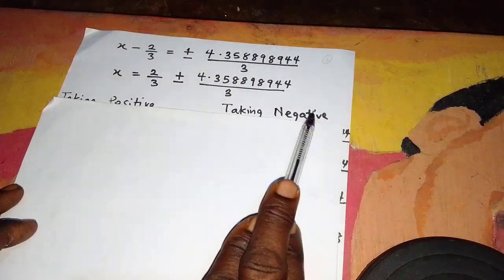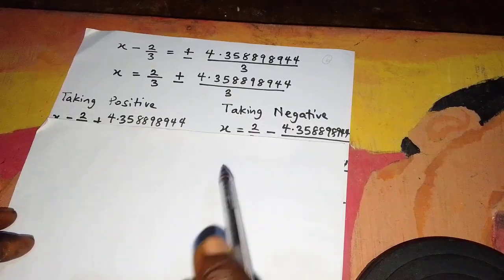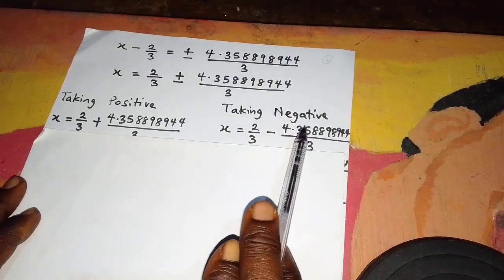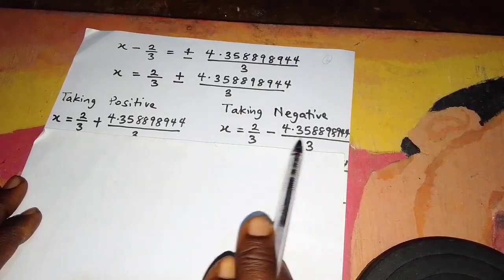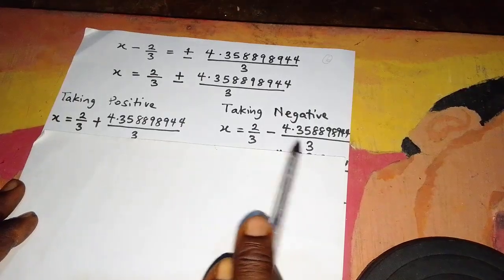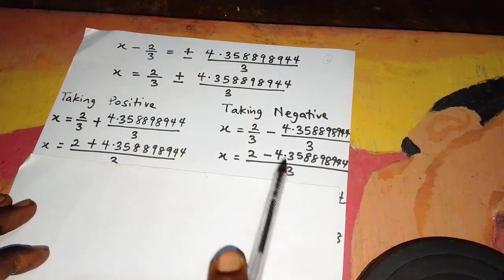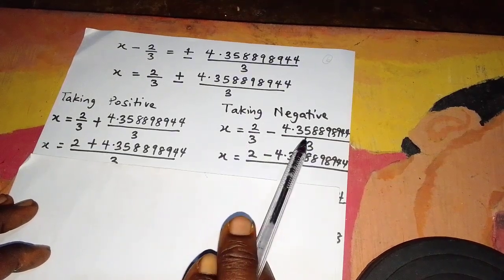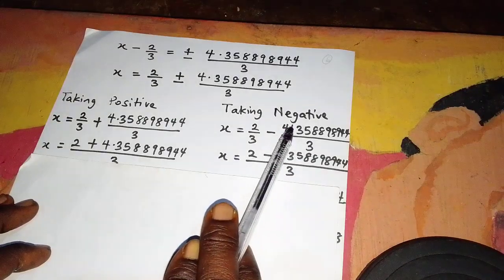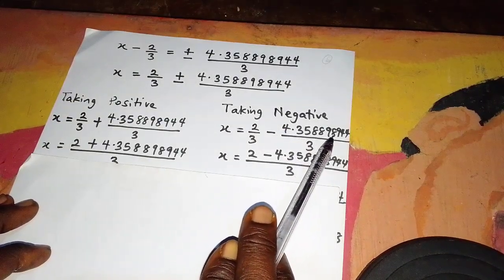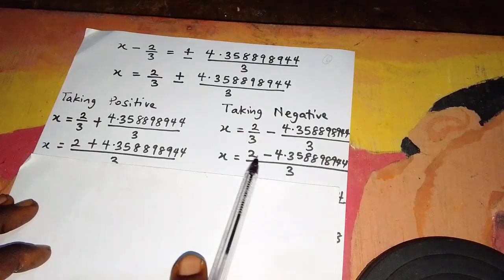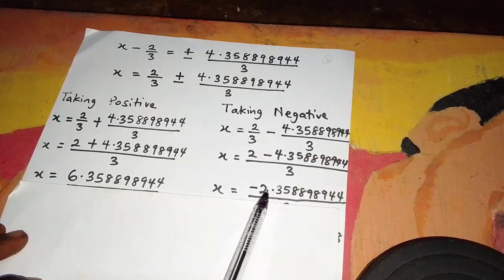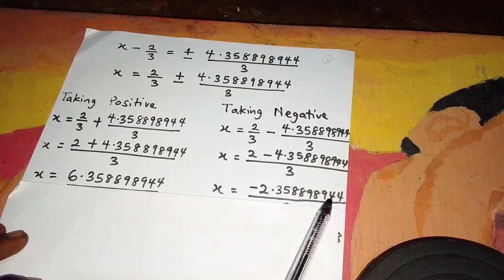Now, when you take negative, you have x equals 2 over 3 minus 4.358898944 divided by 3. Then you find the LCM of these, which is 3. How many 3 are in 3? 1. 1 times 2 will give us 2, minus how many 3 are in 3? 1. 1 times 4.358898944 will give us the same number. Then 2 minus 4.3588 will give us minus 2.358898944.